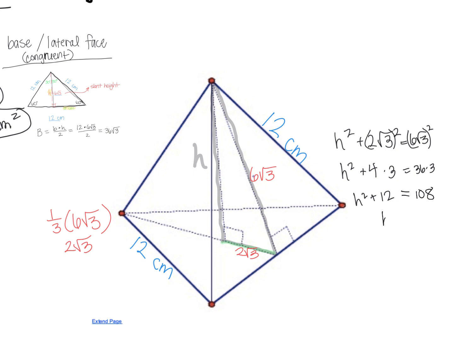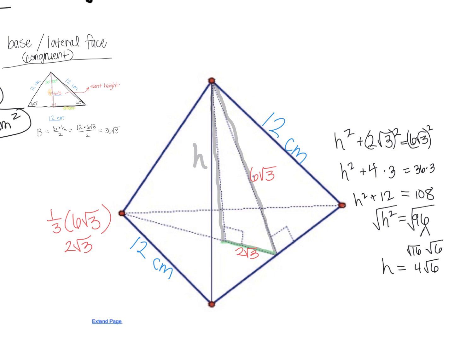And 108 minus 12 gives me 96. So I just need to take the square root of both sides, find a perfect square factor, which is 16, and it goes in 6 times. So in other words, this is 4 radical 6 for the height of my pyramid.